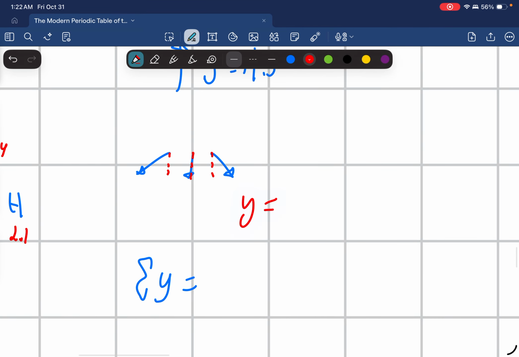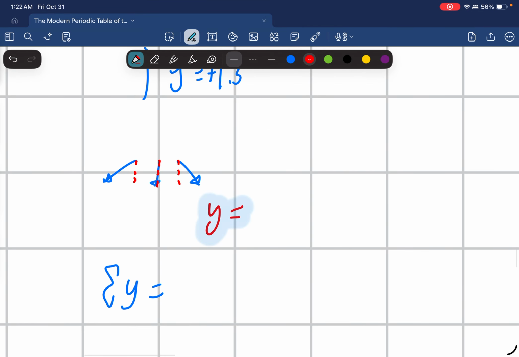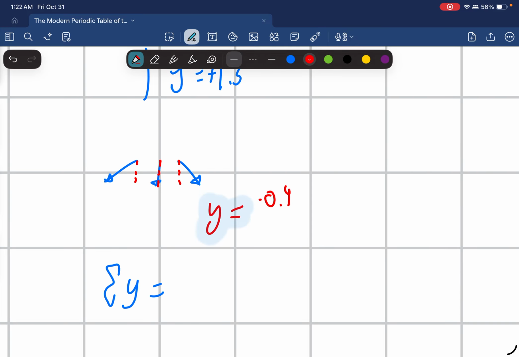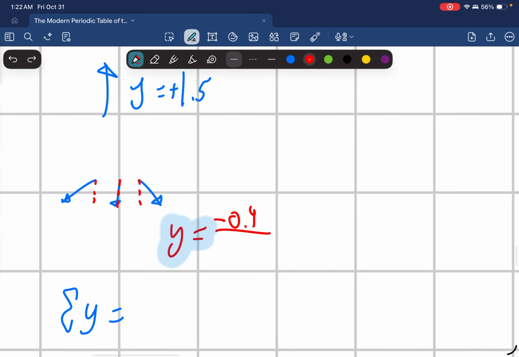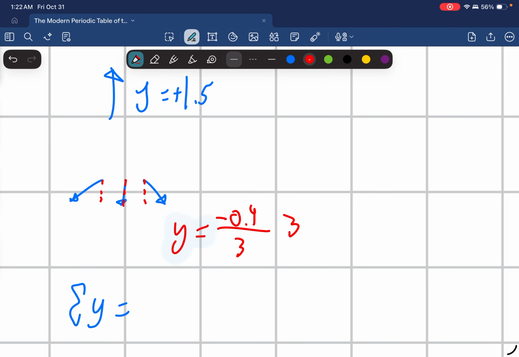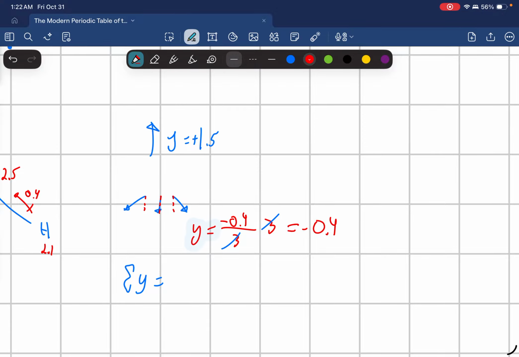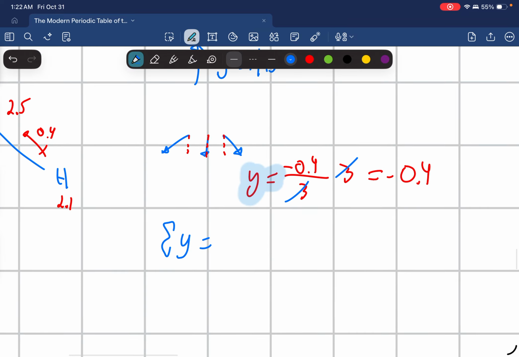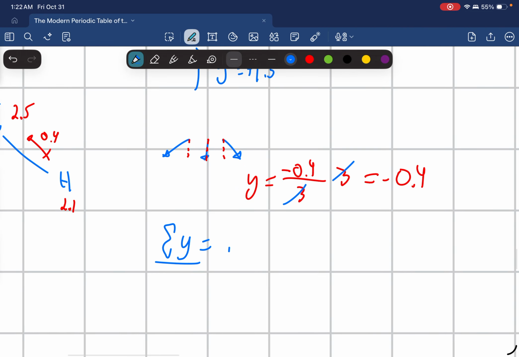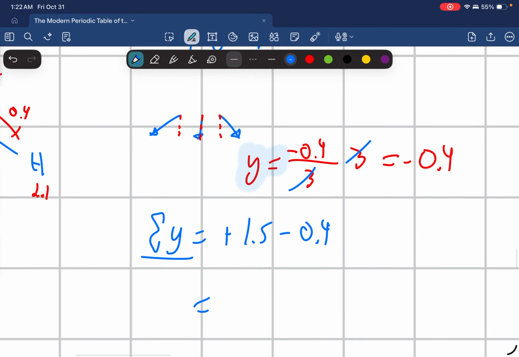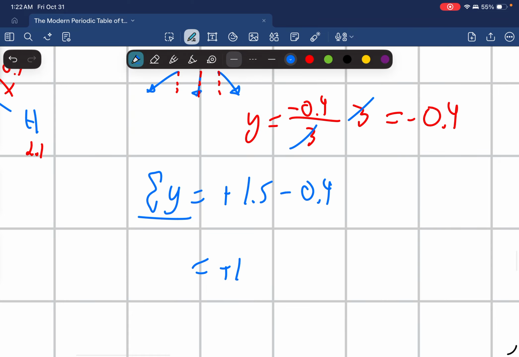So the y value is 0.4, but we're going to make it negative because it's below. It's going the opposite direction as what we've set to positive up here. We're going to divide it by 3, but there's also 3 of them. So those 3's are going to cancel out, and we're just going to get the negative 0.4. So now, if we get the sum of the y components here, we're going to have the positive 1.5, and we're going to have the negative 0.4, and therefore the whole bond is going to be positive 1.1.